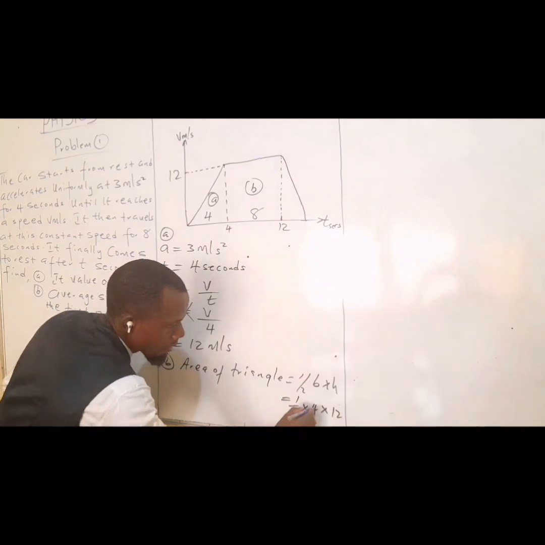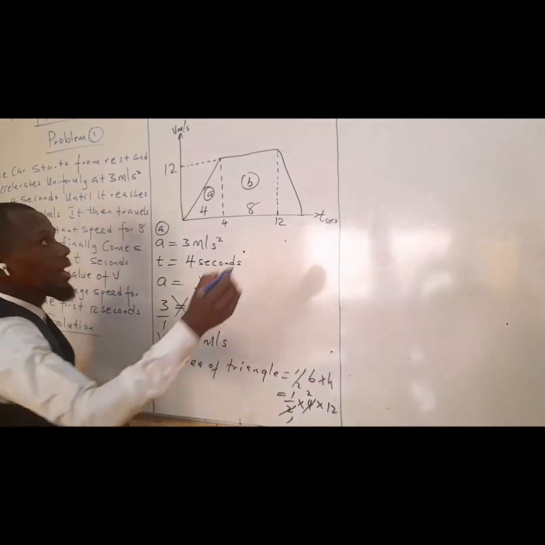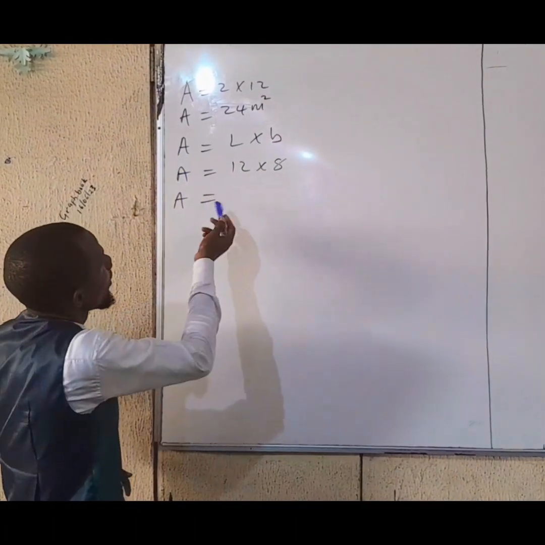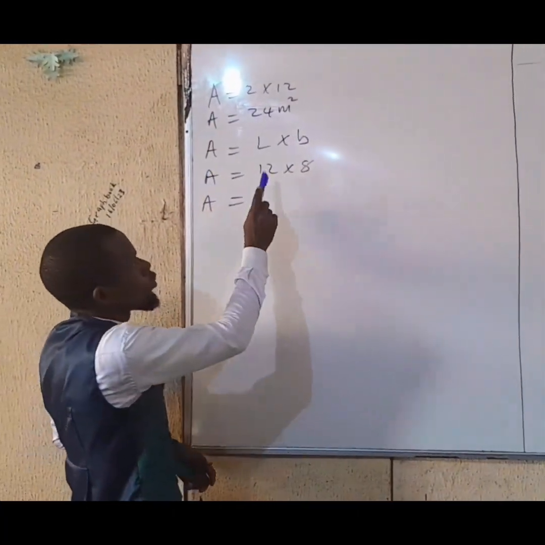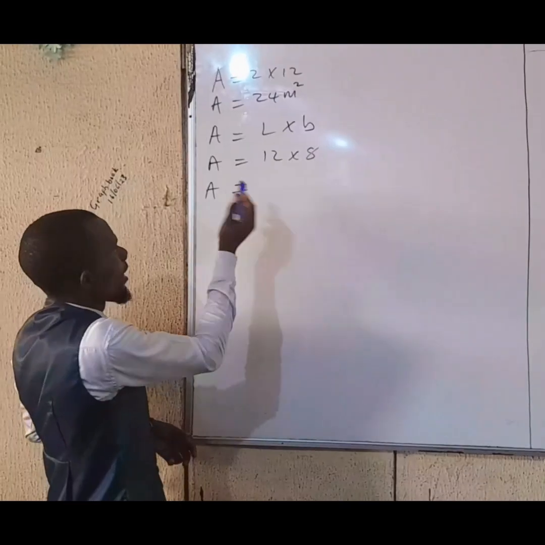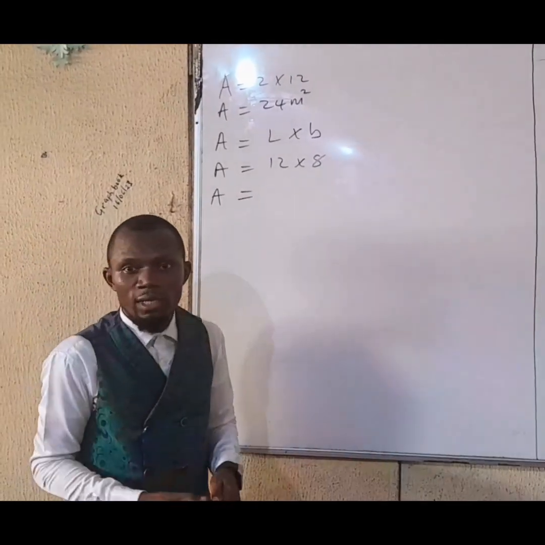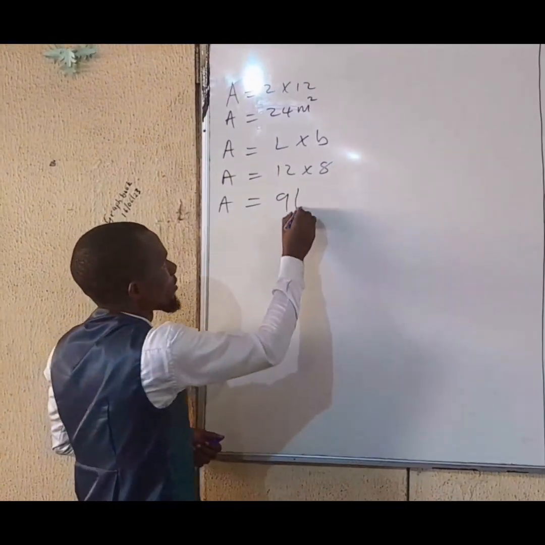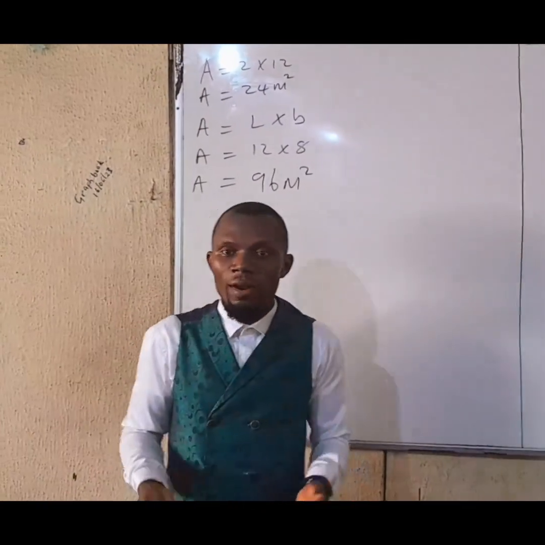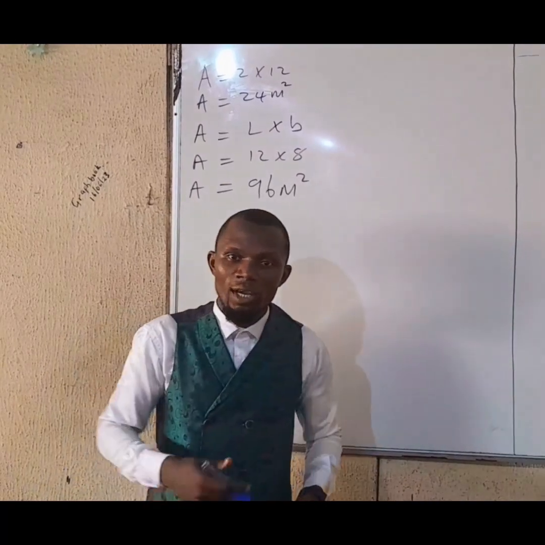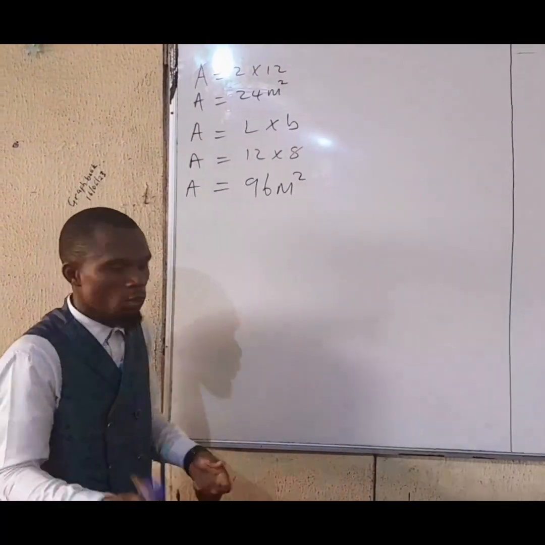So this will go 1, this will go 2. My area of a rectangle is length times breadth. So my area is 12 times 8, which is 96 meter square. So I'm done in looking for my area of a triangle and my area of a rectangle.